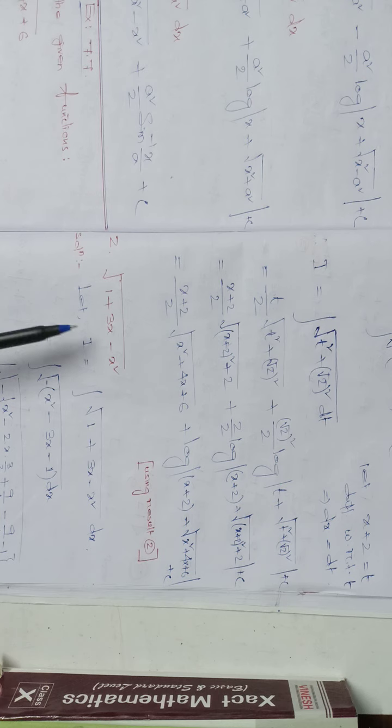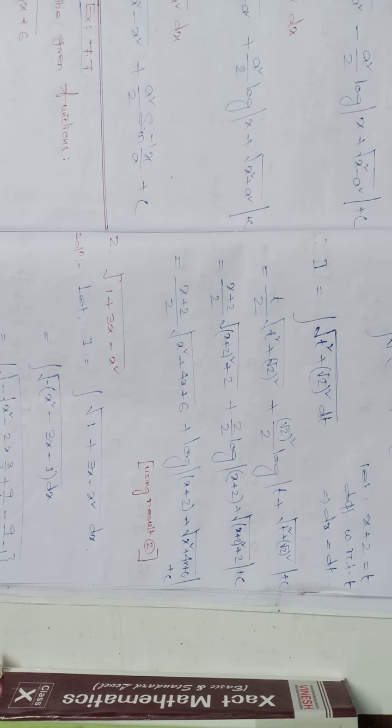Next question is integrate root over 1 plus 3x minus x square. So students, in this type of questions also we have to make it a perfect square in one term. So you can take minus common, so minus, outside, x square minus 3x minus 1.